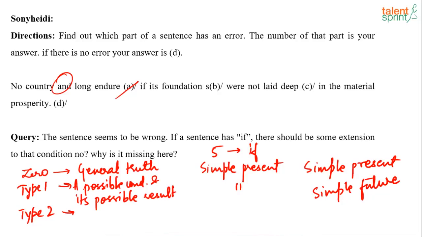Type 1 is a possible condition and its possible result. We use simple present for that, and the main clause verb tense that we use is simple future. Type 2, on the other hand, is a hypothetical situation, a hypothetical condition and its probable result.